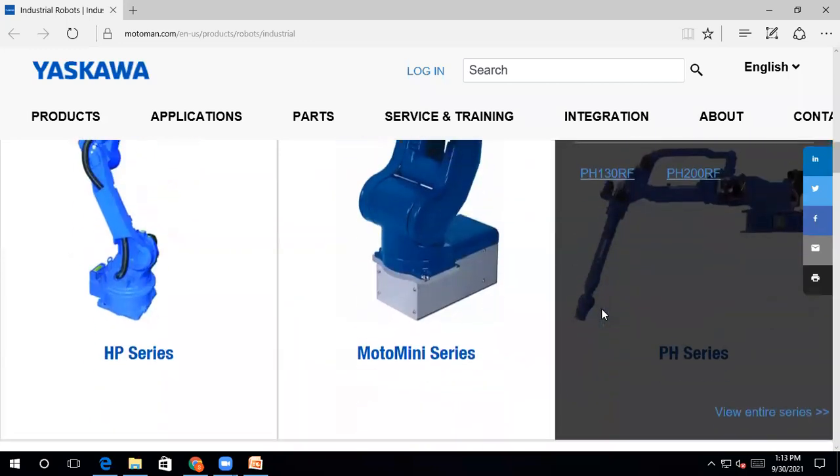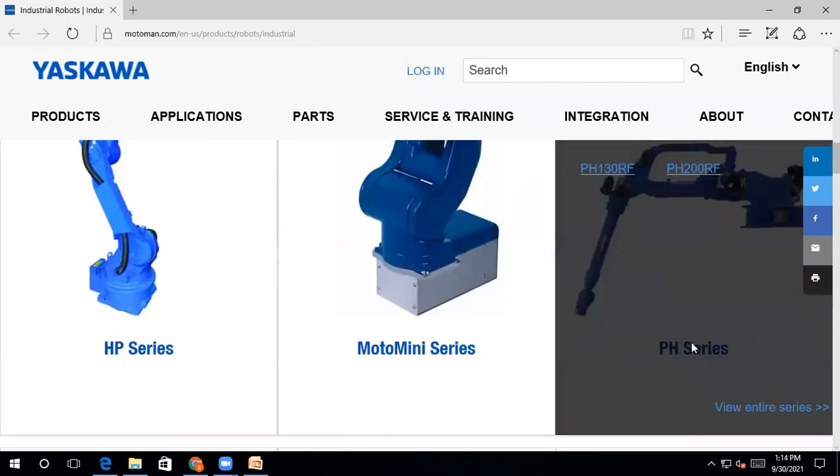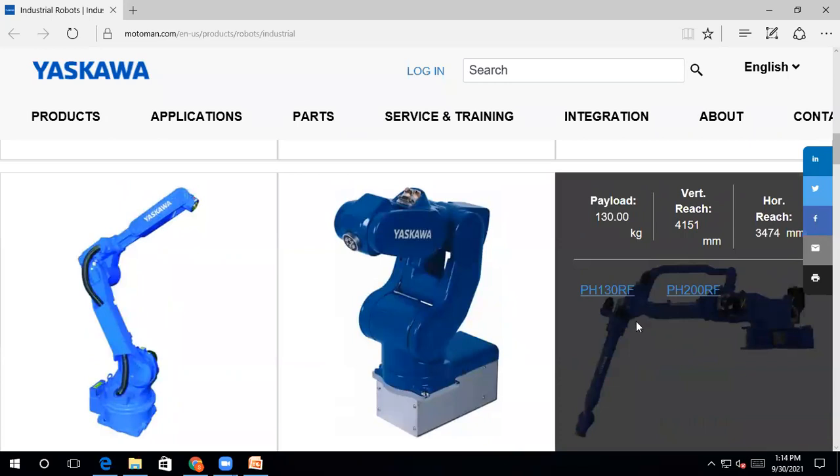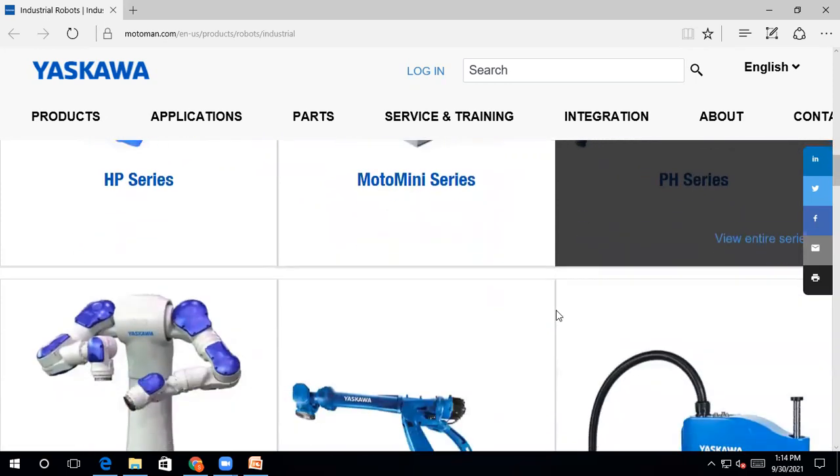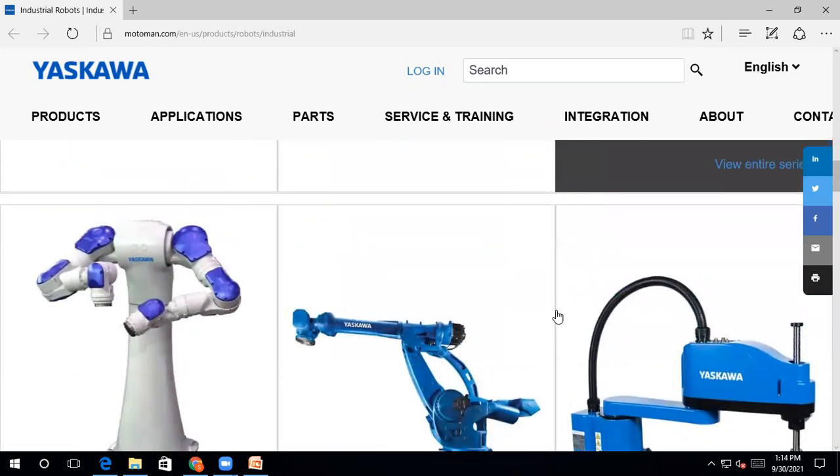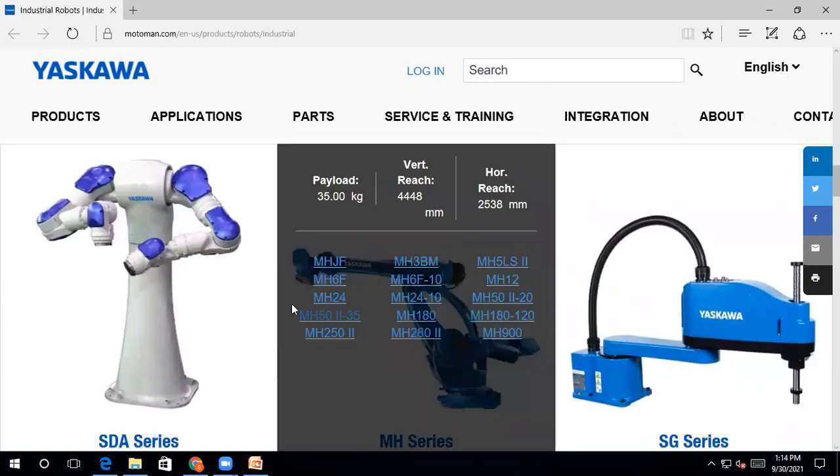Then next is the PH series robot, in which first is PH130RF: payload 130 kg, vertical reach 4151 mm, horizontal reach 3474 mm. Then next, see these different robots.